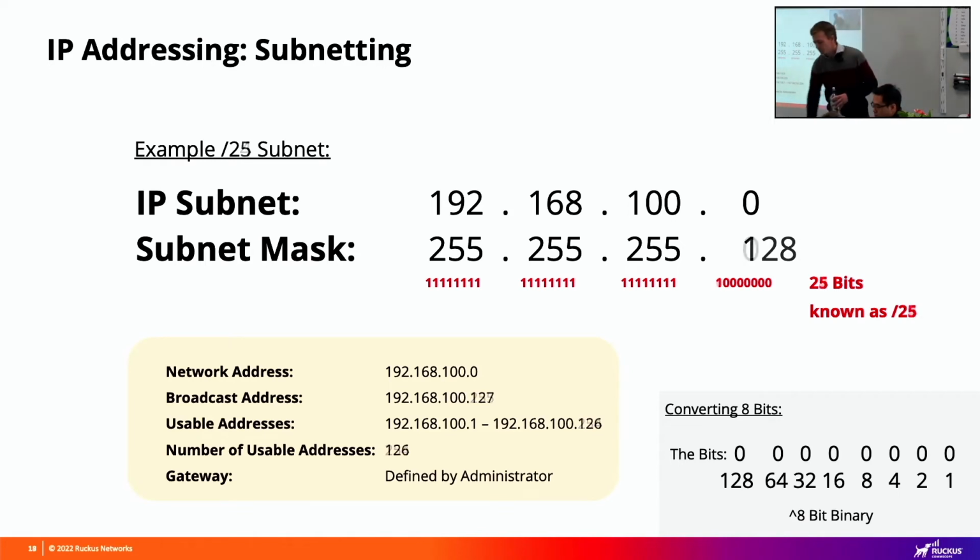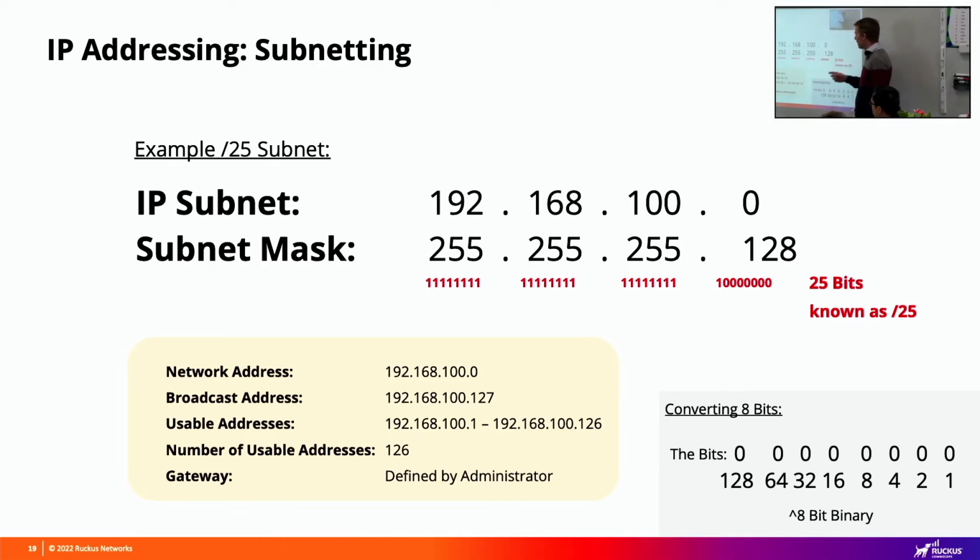Okay, so if I had a subnet mask that looks like this, I change the 0 to a 128. What does that do? That makes this a /25 because it gives me one more bit. So remember our binary? The first bit here is 128. What that's going to do is turn on that bit, which gives me a /25.